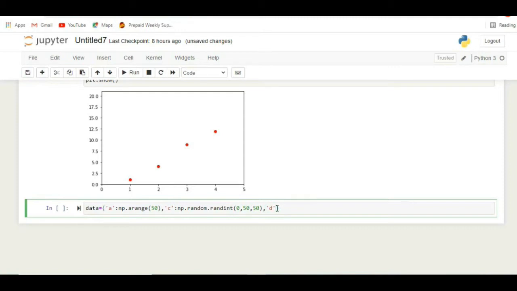Yes, D, and you will write here 'd', colon.